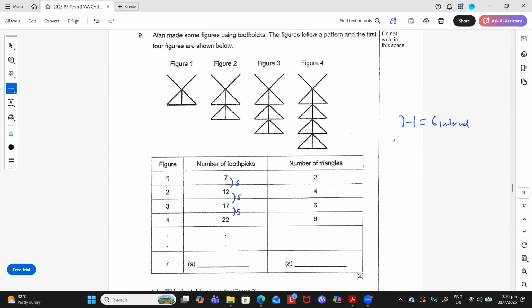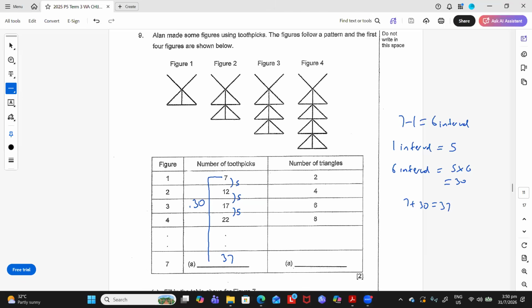Okay, so one interval is filled up with the number 5. So I have 6 of these intervals. It's 5 times 6, which is 30. Which means from the number 7 till here, the difference is 30. Filled up by all of these 5s. So add it to the first number, 7 plus 30, you will get 37. So write that down, 37.